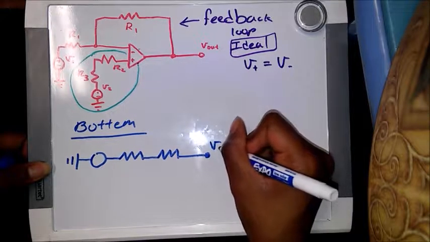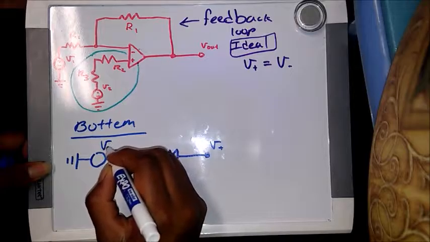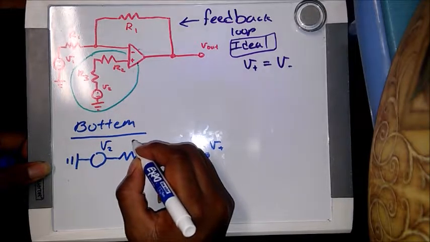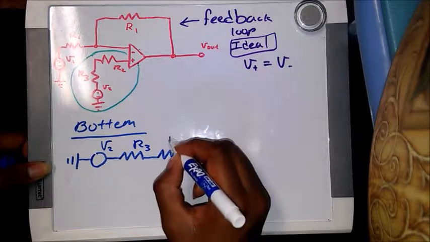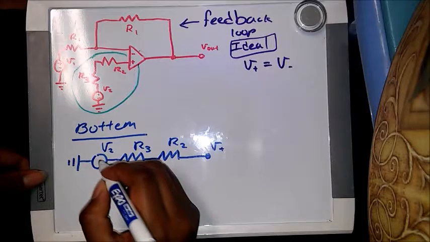So this is V plus, this is V2, this is R3, there's R2, and this is ground. I'm not going to write that in there though.